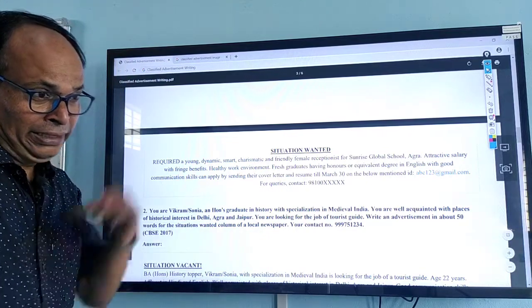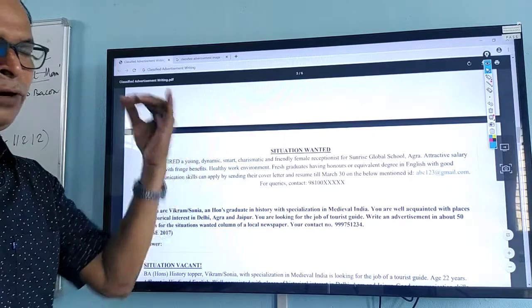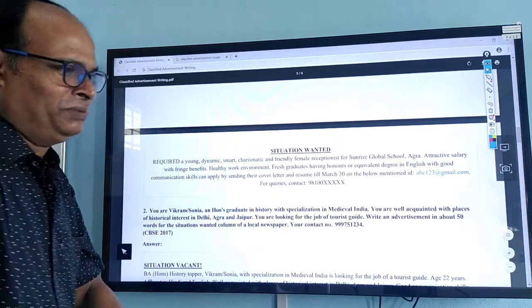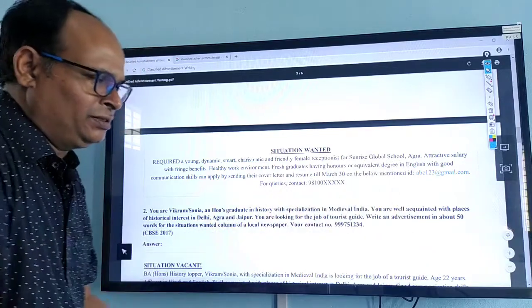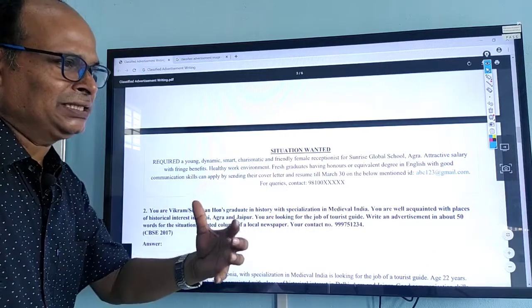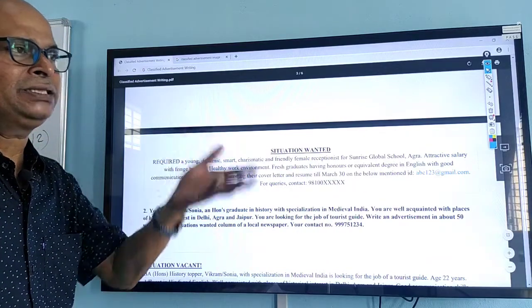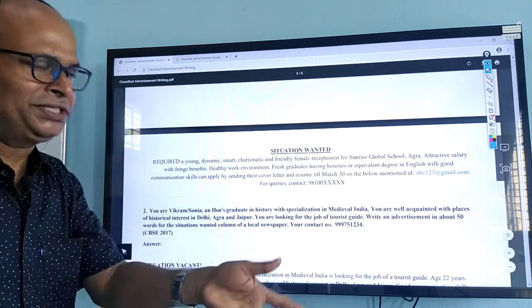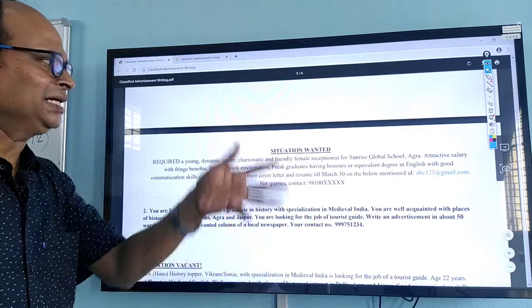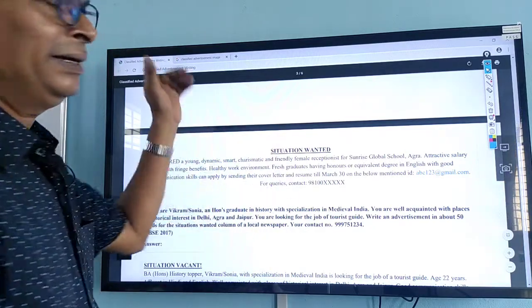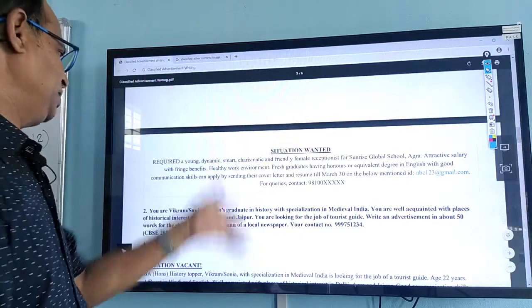Therefore you will have to write it from the point of view of the employer, and you should know the details: what kind of person you need, and what qualification and experience are needed. You should bear this in mind: कैसा type का आदमी आपको चाहिए.